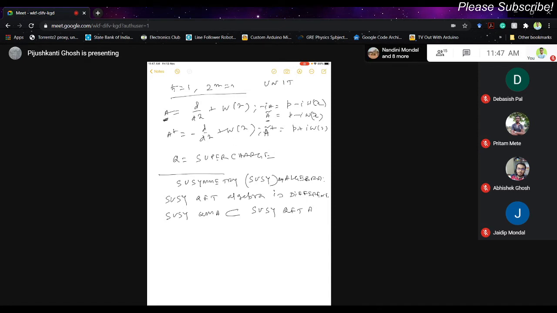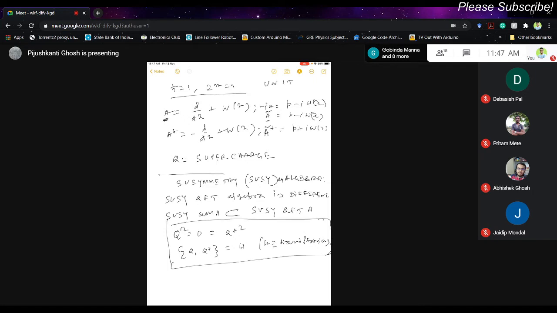So Q squared is equal to 0, Q dagger squared is equal to 0, and the anticommutator of Q and Q dagger is H, where H is the Hamiltonian. Okay, so this is my supersymmetric algebra.